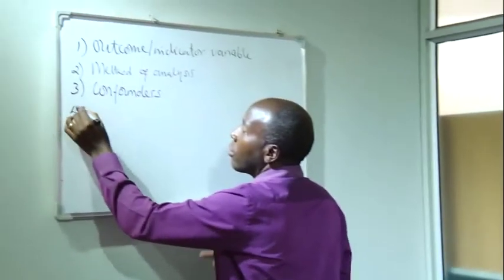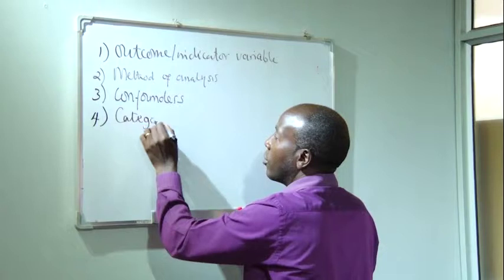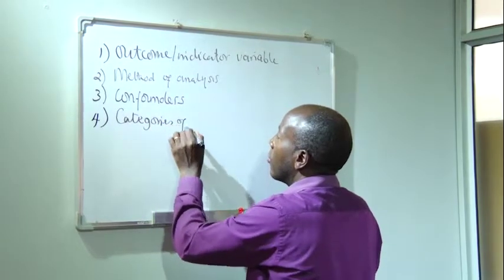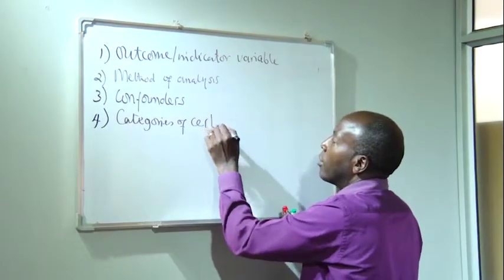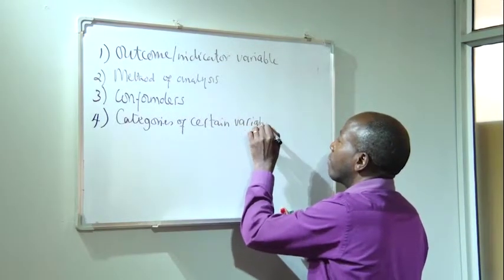And we do encourage people to collect continuous variables in their raw form and not in categories. But if they want to categorize them, then they can categorize them at analysis. And so the fourth thing you look out for is the categories of certain variables that are categorized.